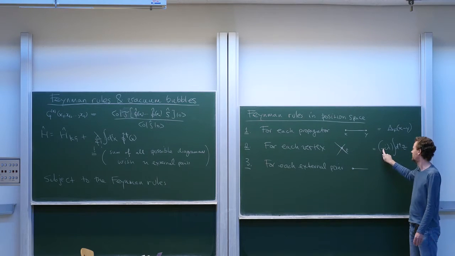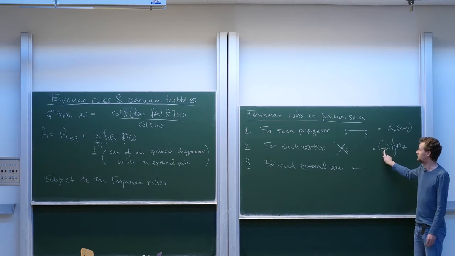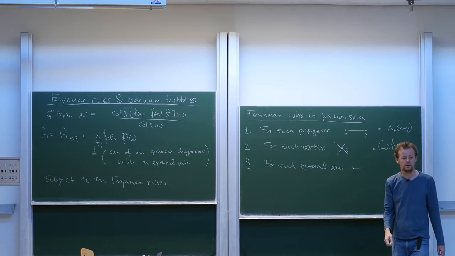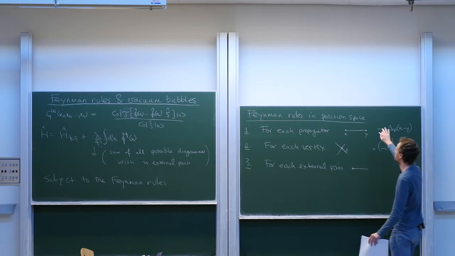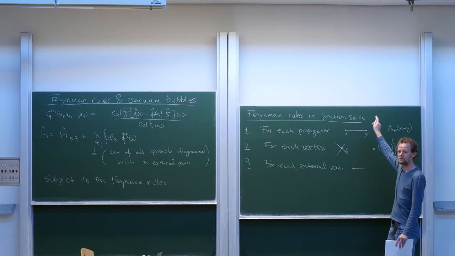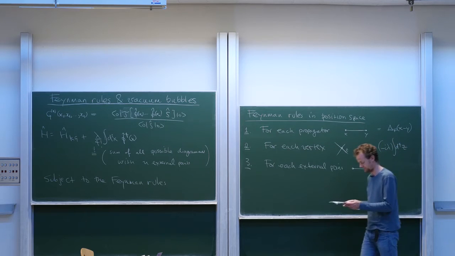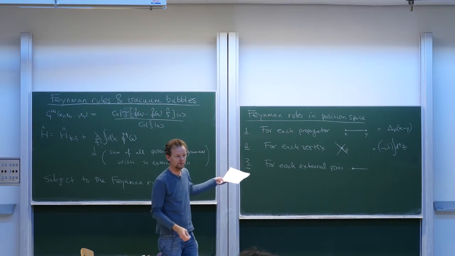You don't have to put the minus sign in here, but you'll have to keep track of it somehow. So yes, there should be a minus sign in that rule here. So this is the canonical rules. These are the fully general rules that we're going to use for this course. And you can regard the discussion of the previous lecture as a motivation for this final set of rules.